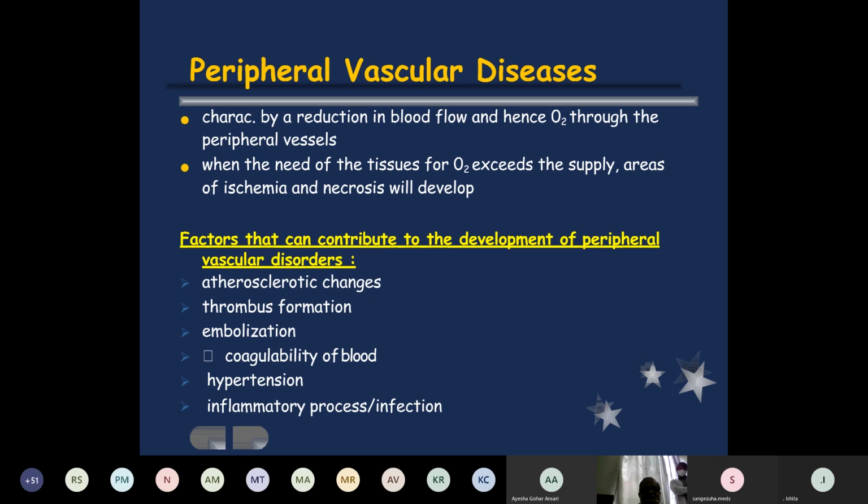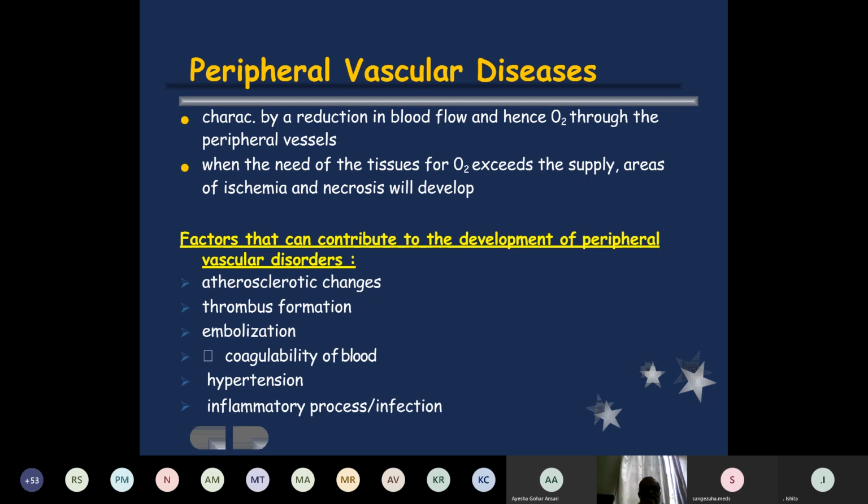Coming to the topic of peripheral vascular disease, it is a bunch of diseases which lead to various abnormalities in the circulation and thereby cause various diseases. It is characterized by a reduction in the flow of blood.